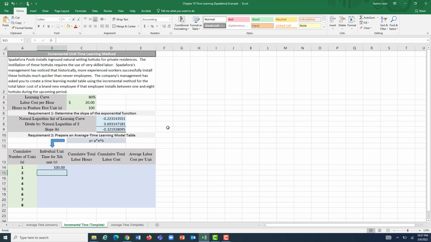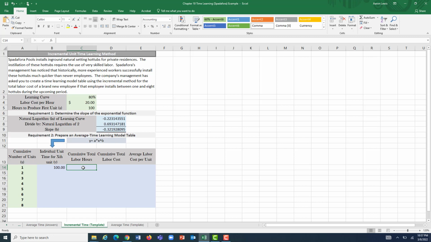And that makes a perfect ton of sense, because we said the hours to produce the first unit would be 100. We're using the incremental method here, which means we are going to go through and figure out, as we were talking about before, how much time is saved on each unit individually.